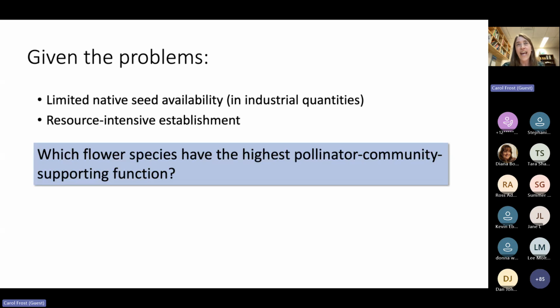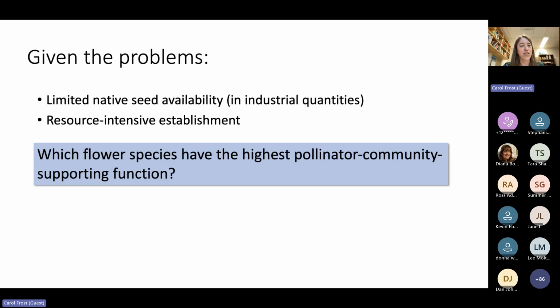And not just any one pollinator, because there are actually thousands of species of insects that visit flowers in this part of the world. So ideally, we want to support a diversity of pollinators, meaning many species of pollinators.